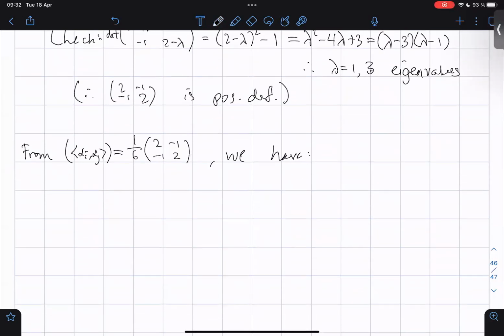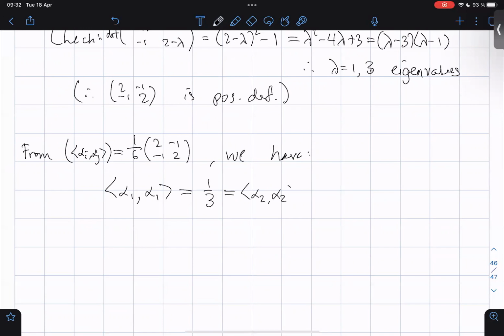So we have the following. This first component is 2 divided by 6, which is 1/3. So alpha 1 paired with alpha 1 is 1/3, and that's the same thing as alpha 2 with alpha 2. We can also check that alpha 1 plus alpha 2 paired with itself is also 1/3.